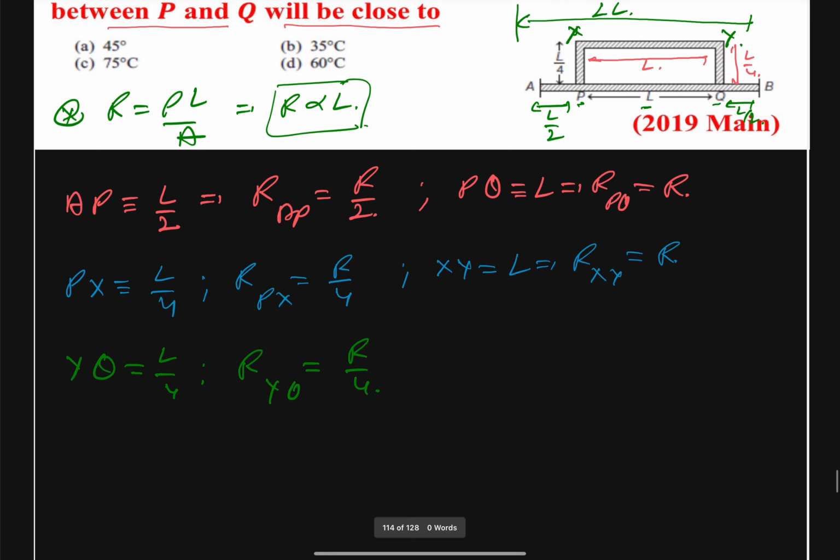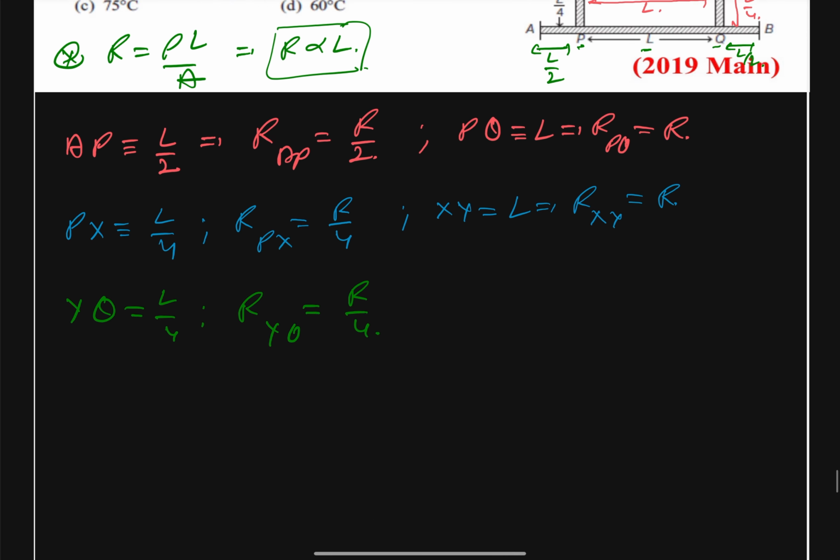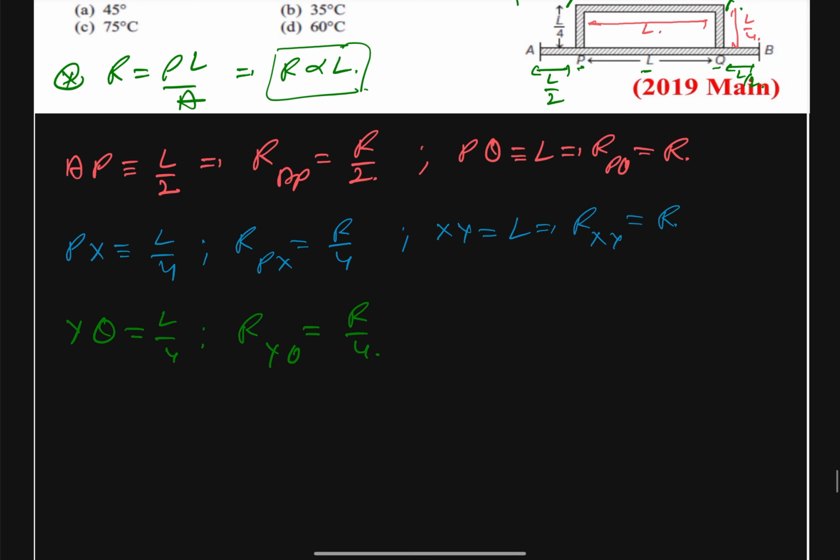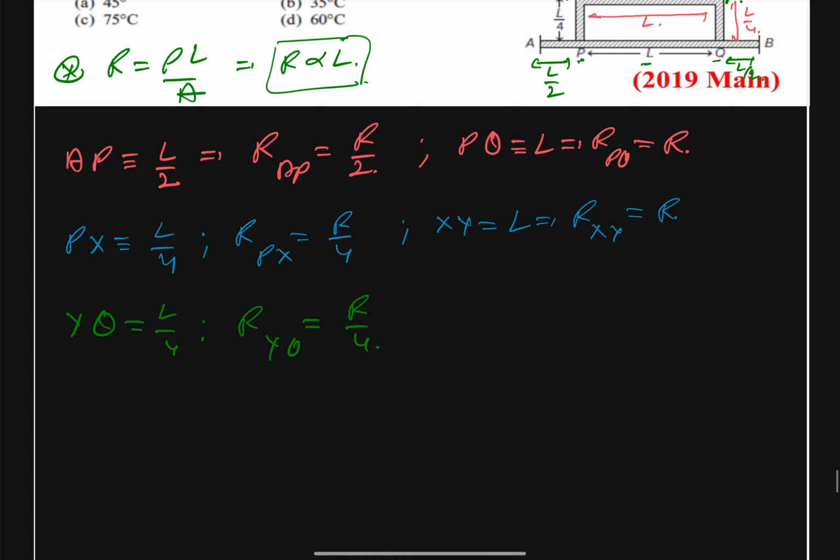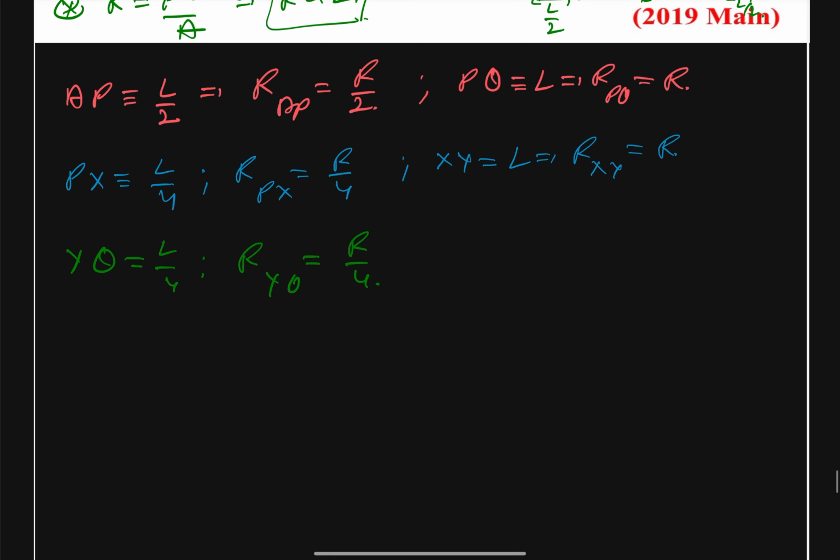So this entire network, we can now draw in the form of resistances.